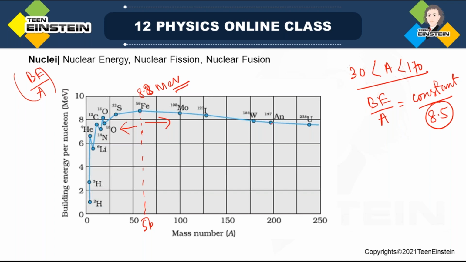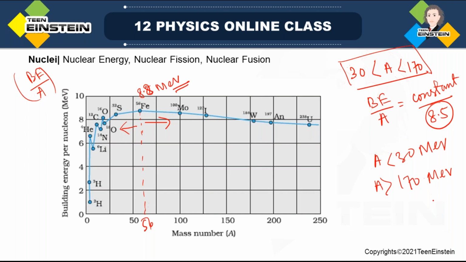So the binding energy is almost constant in this range, and when you go to the extremes, that means below 30 and greater than 170, these are obviously in MeV, binding energy per nucleon.